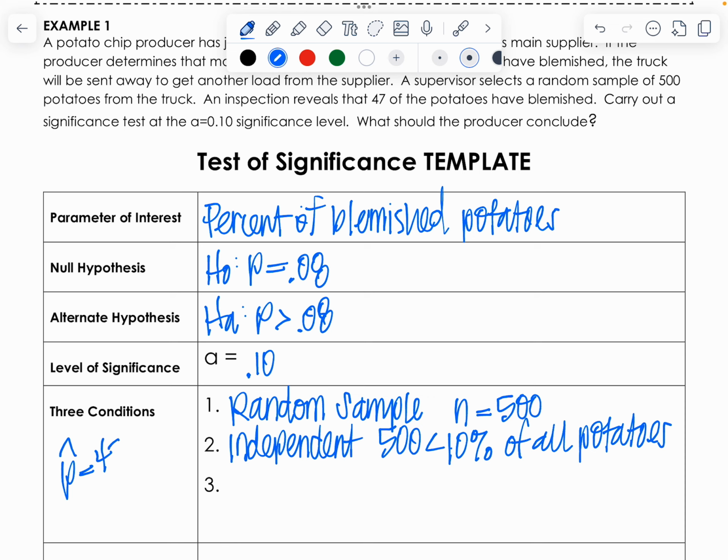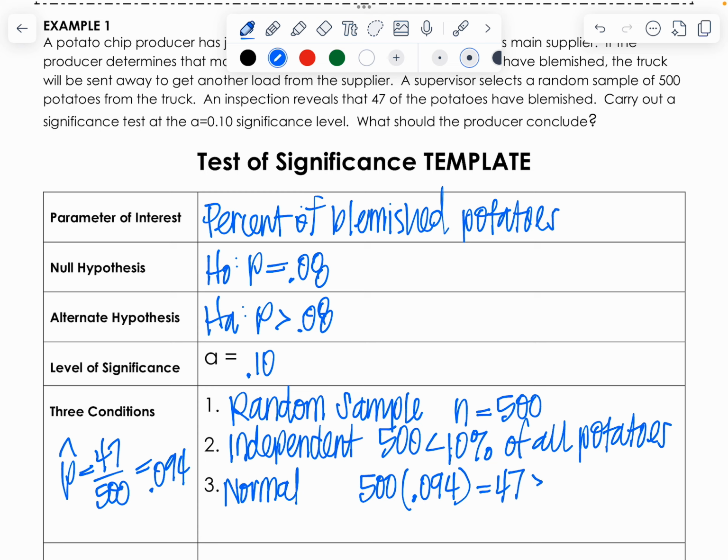It said 47 out of the 500, which would be 9.4% maybe. Let's check. Yep, 0.094. So to check to see that it's normal, we will do n, 500 times 0.094, which we know is the 47, definitely greater than or equal to 10.